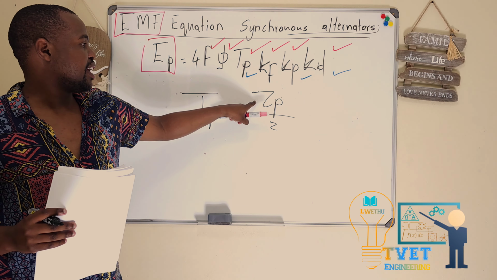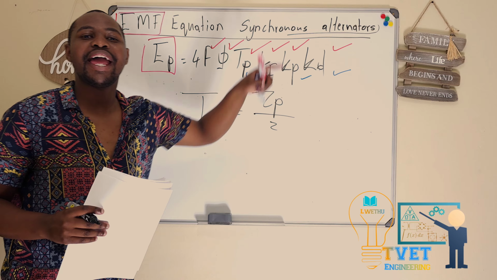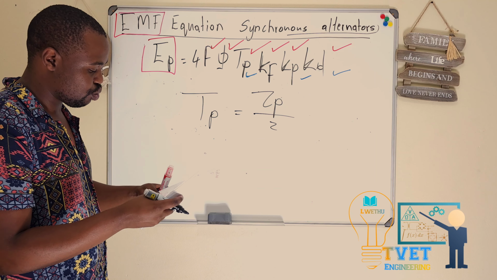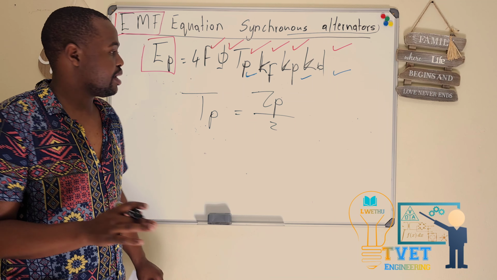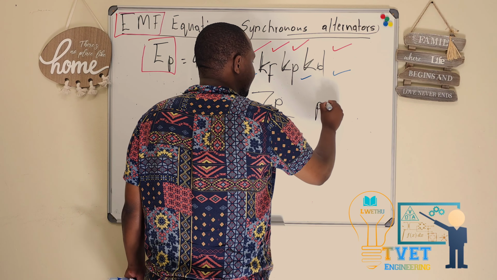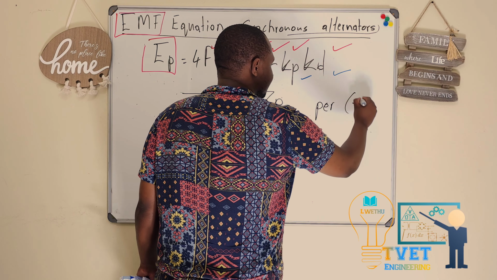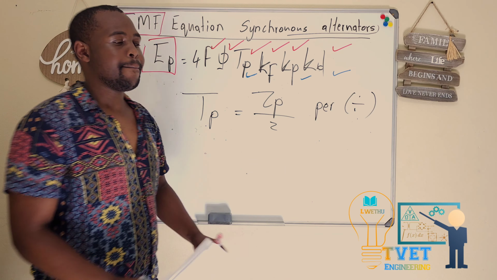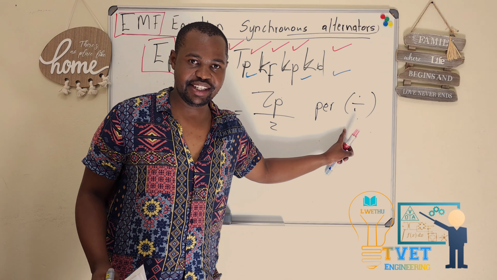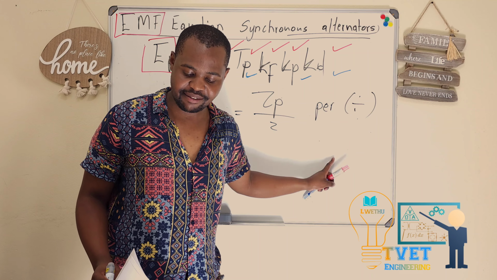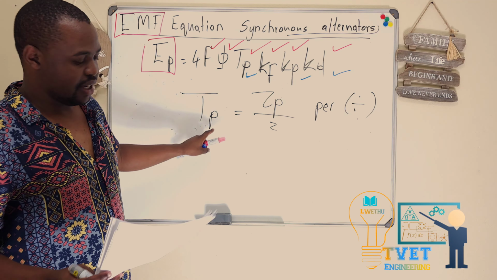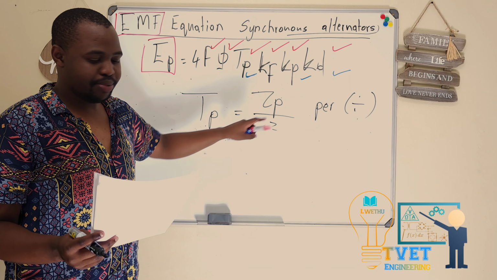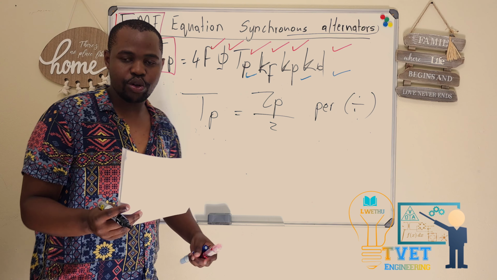Zp, guys, is the conductors per phase. And another thing you should be aware of in this topic: per means division. Per means division. So Tp is calculated as Zp over 2.